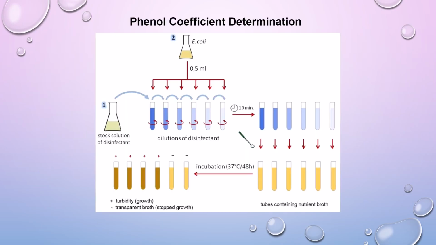Let us move on to what is called the phenol coefficient determination. This technique is used to determine the effectiveness of the test disinfectant as compared to that of phenol under similar conditions.